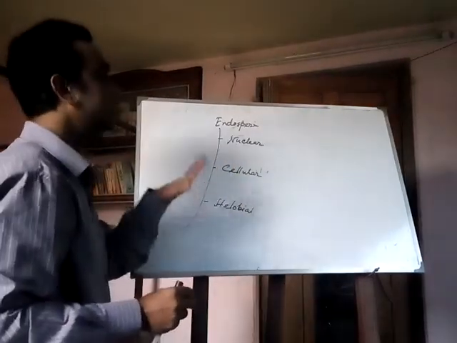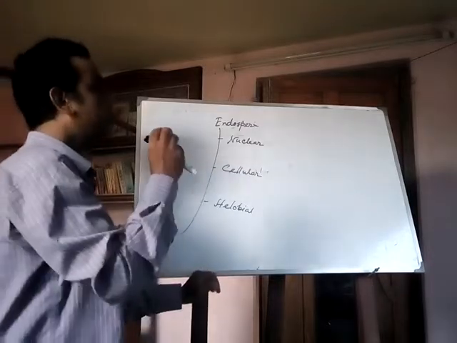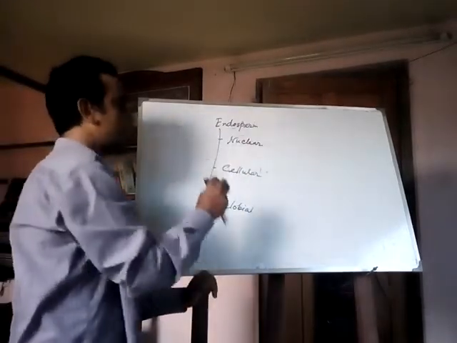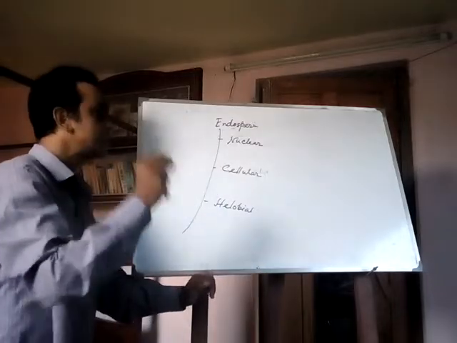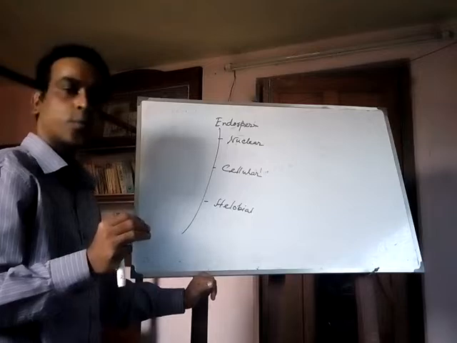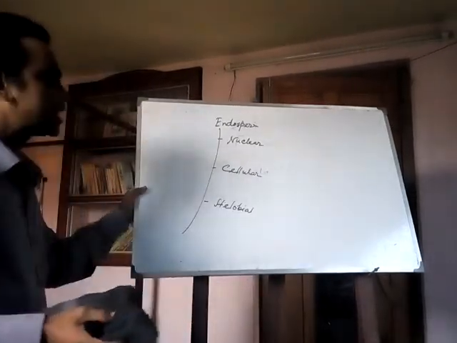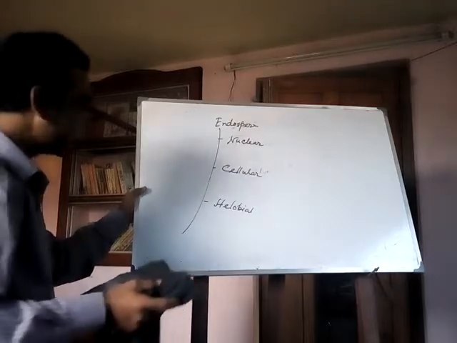Helobial endosperm has both nuclear and cellular endosperm reactions present. So three types of endosperm I displayed here.